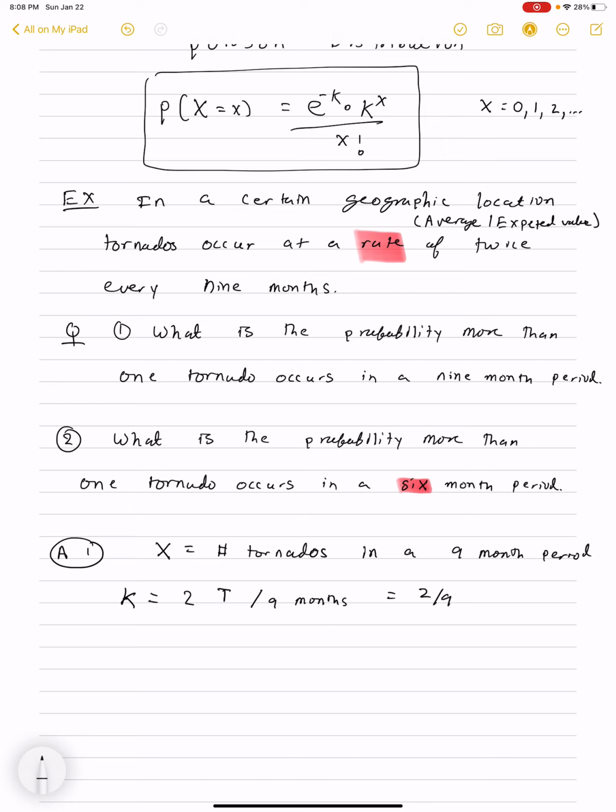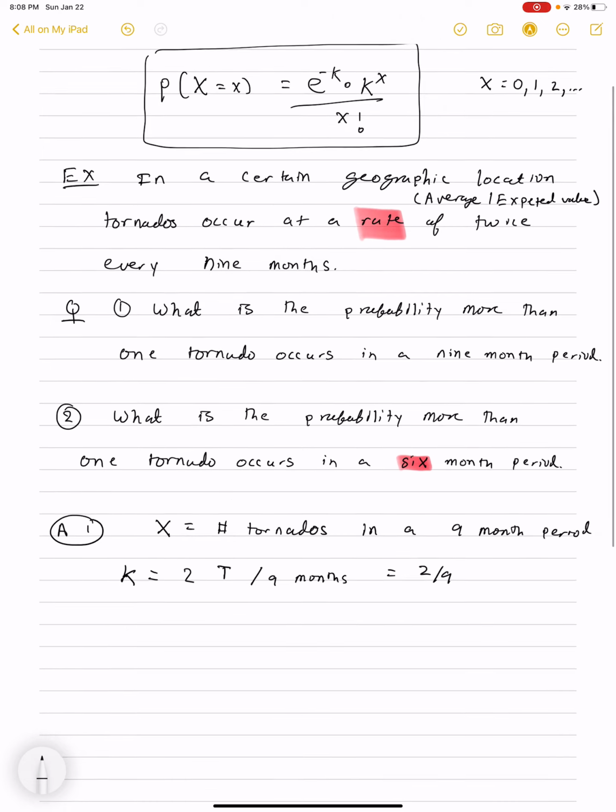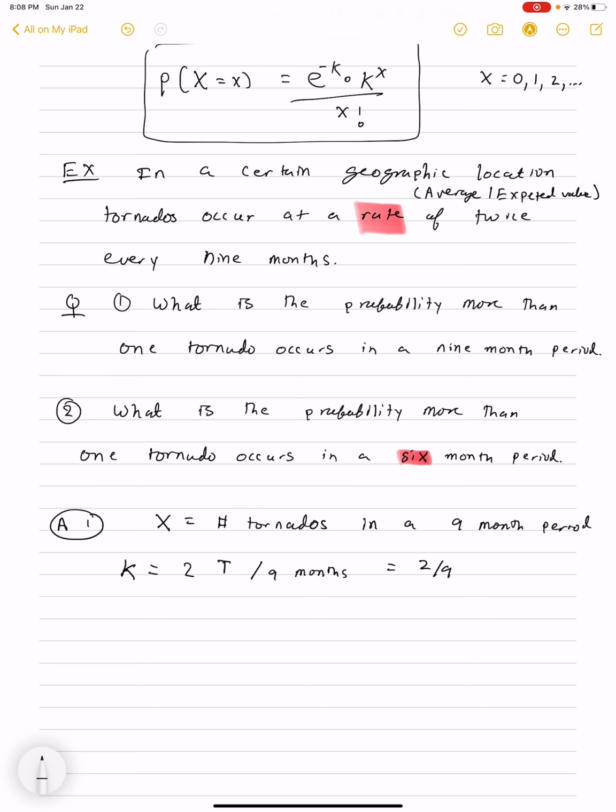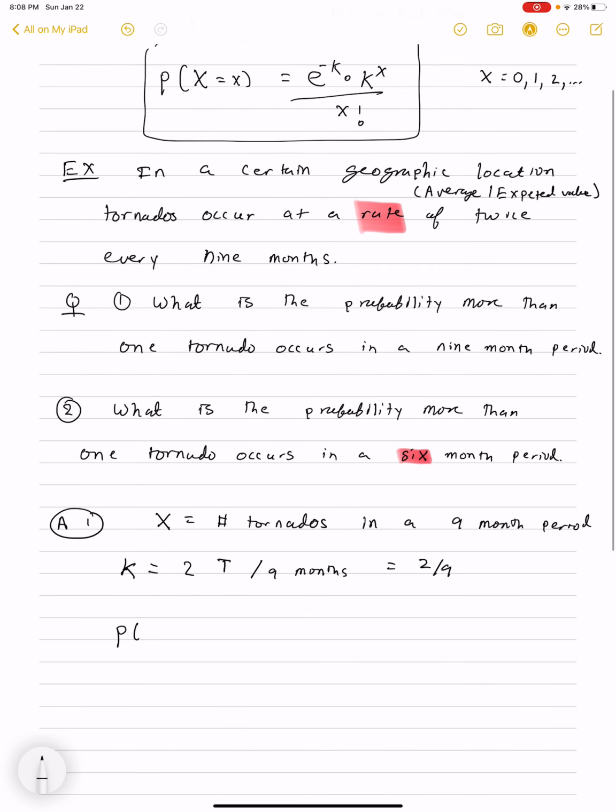Okay. So we're asked to calculate the probability that more than one tornado occurs. So the probability x is greater than 0, which will be 1 minus the probability, I said it, but wrote 0.